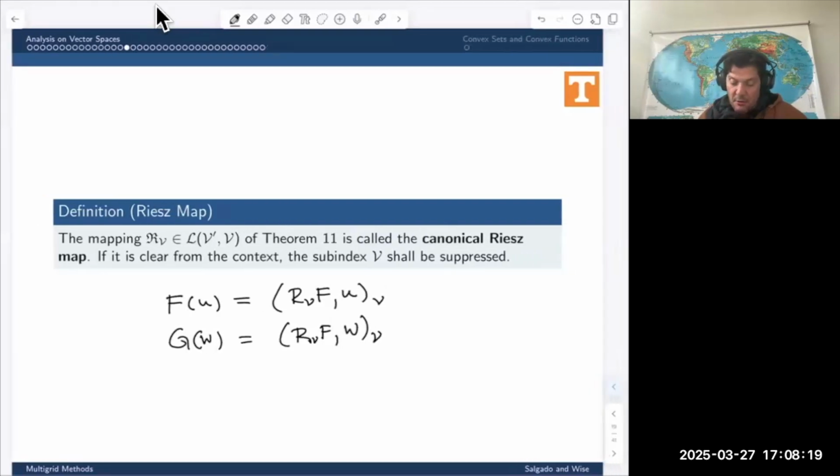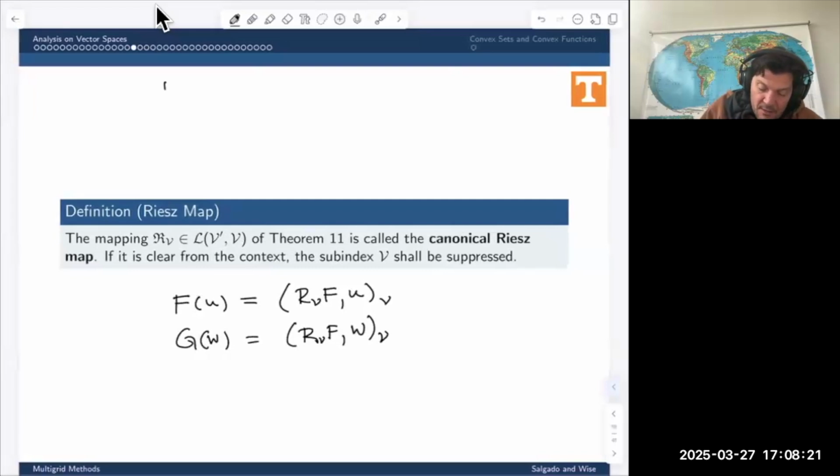What do I need to show, right? So the Riesz map, we said, takes bounded linear functionals and maps them to objects. So we want to show that it's linear. How do we show that it's linear?